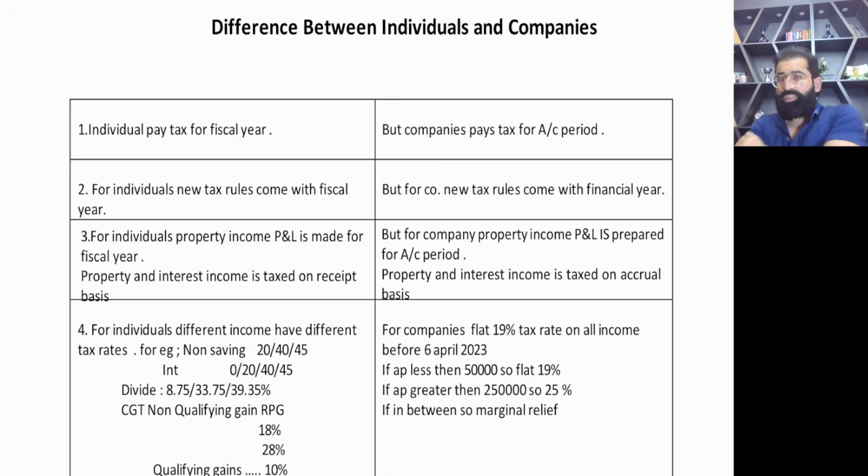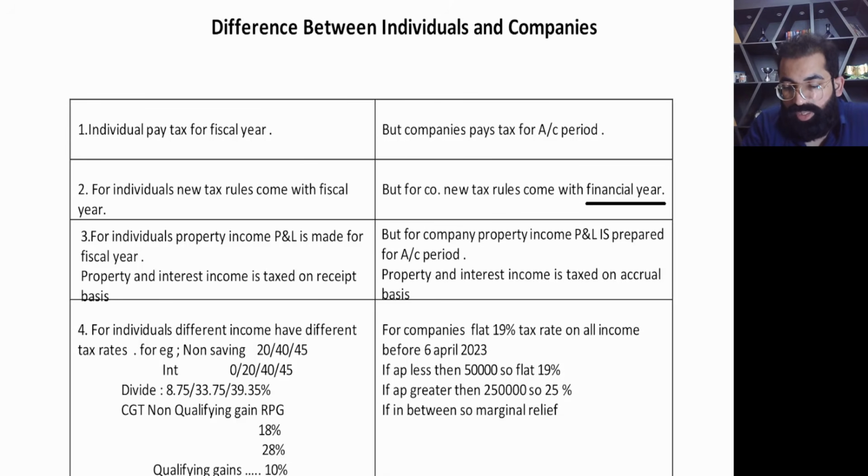So the first difference is an individual pays tax for fiscal year, you know that, but a company pays tax for accounting period. Second, for individuals, new tax rules come with the fiscal year. Whenever a new fiscal year comes, new tax rules come for individuals. But for companies, new tax rules come with the financial year.